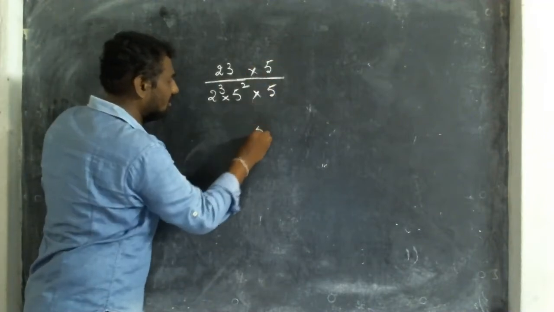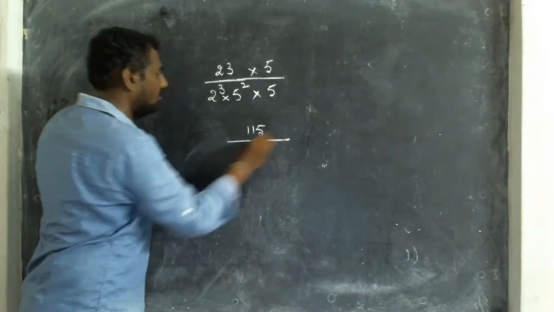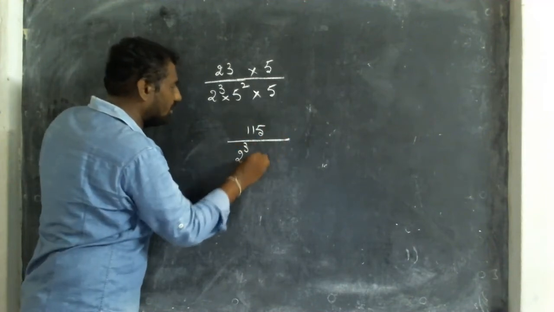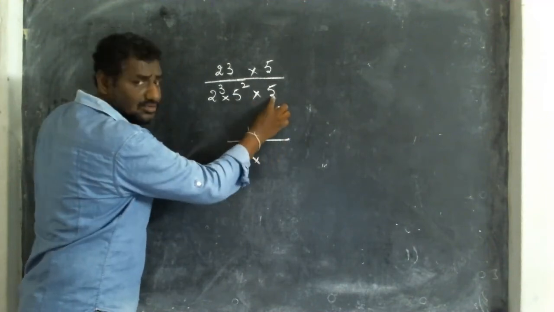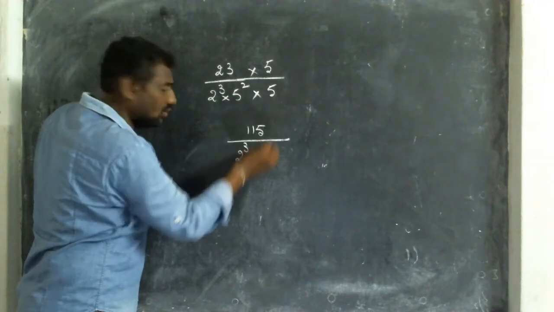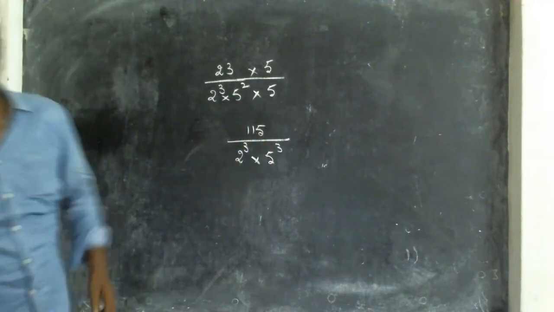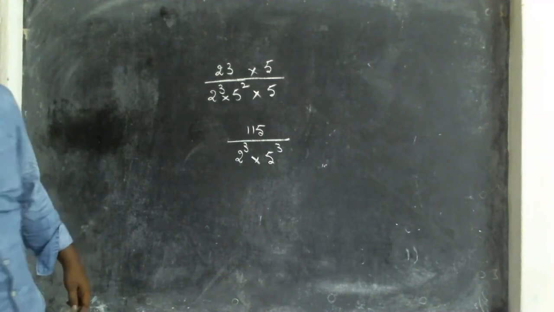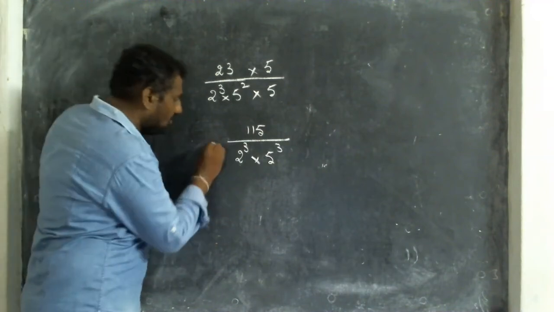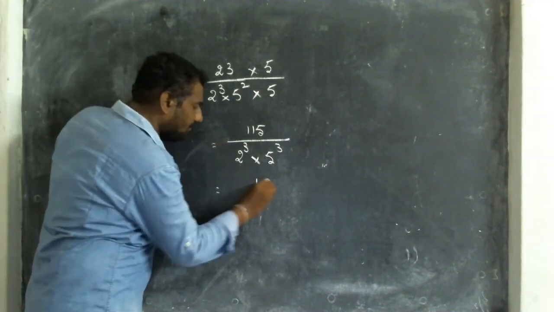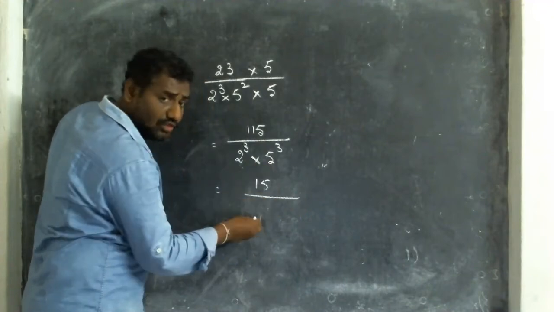23 5's are 115. Denominator 2 power 3 into, instead of writing 2 times 5, here 2 5's, here 1 5. Total we can write as 5 power 3. Now this we can write as 2 5's are 10.